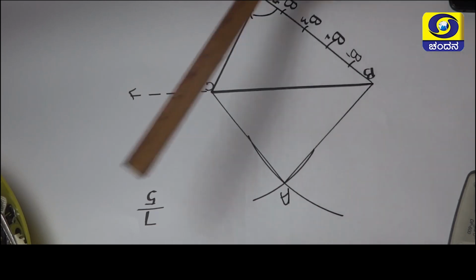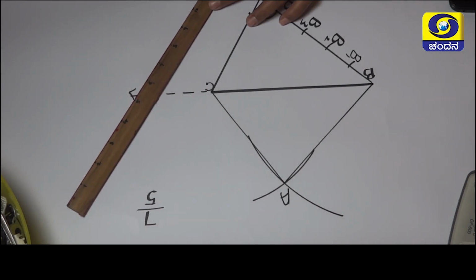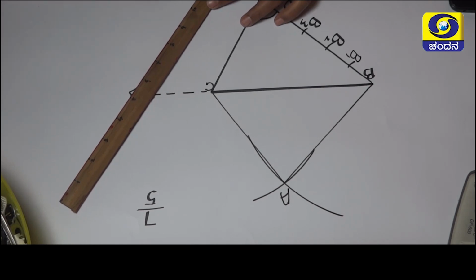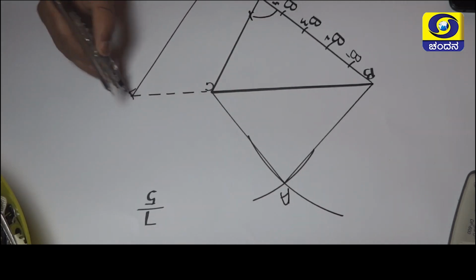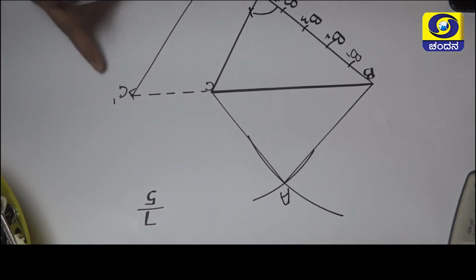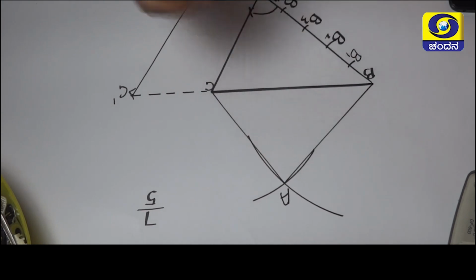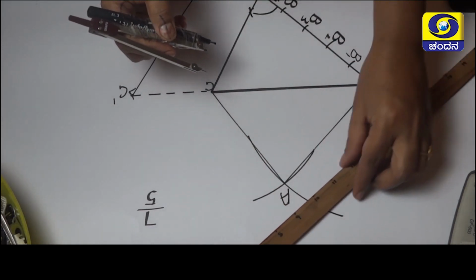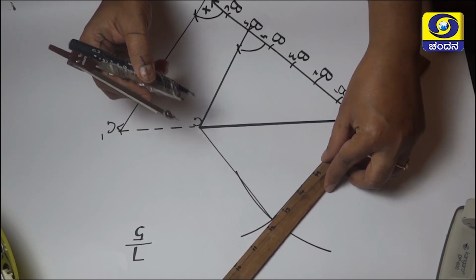Draw a line passing through this point of intersection starting from B7 reaching the extended part of the line segment BC. Let us name this point C dash. Now to join this point C dash to the line segment AB, we have to extend this line BA further.